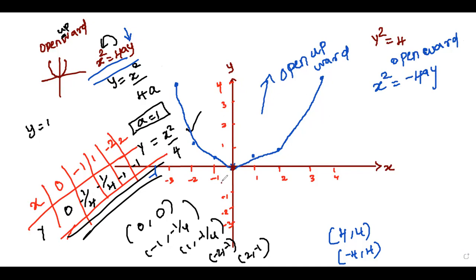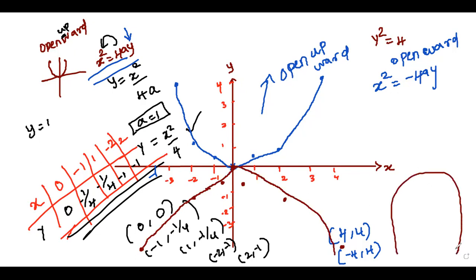Negative 1, 1 by 4, positive 1, 1 by 4, negative 2, 1, positive 2, 1, and 4, 4. If I connect all these, I'm sorry, ignore my diagram, you will get the parabola. Downward one.